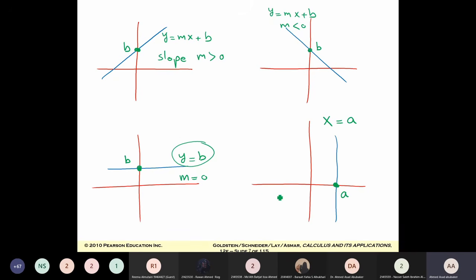The slope m is undefined. The slope is undefined. So we have slope positive or negative, 0, and undefined. Okay, these are the four cases for any slope.